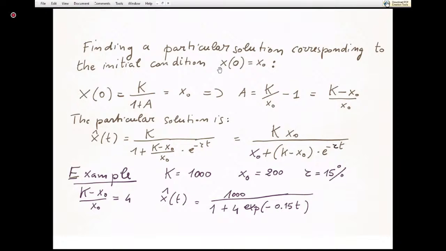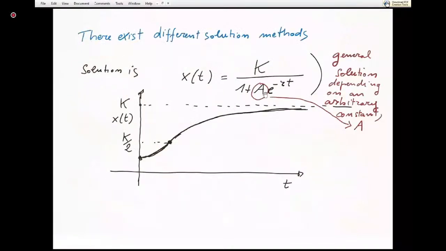I want to rewrite the expression in terms of the initial level, so x at time 0 is equal to x0.